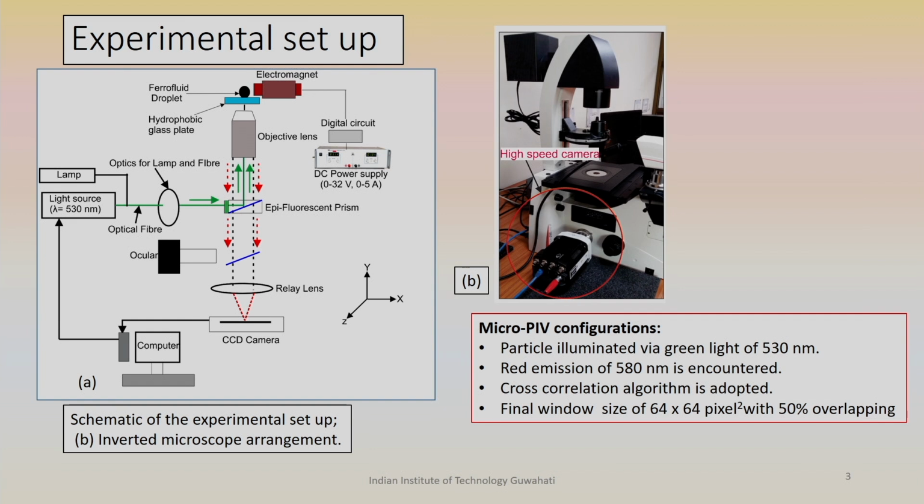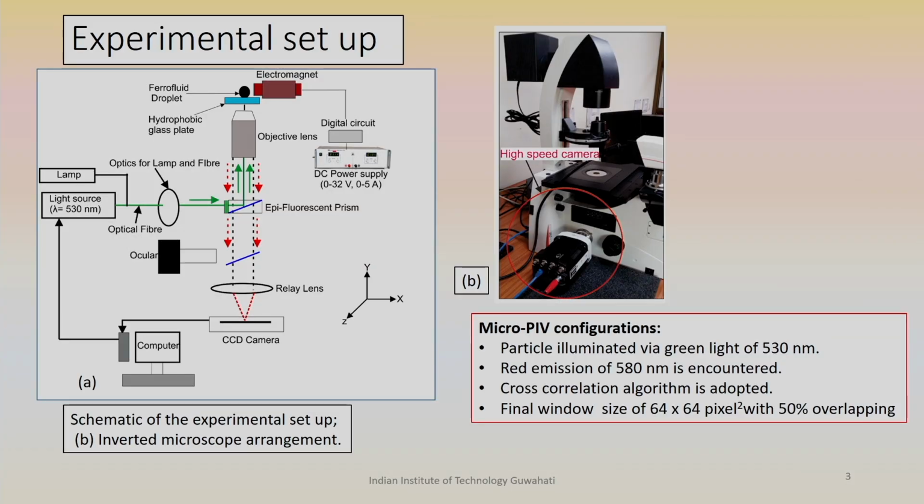If we recall our last lecture, we need to illuminate a particular zone or a particular portion of the flow field using a light source.